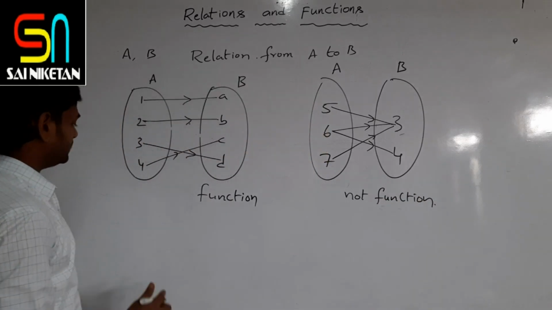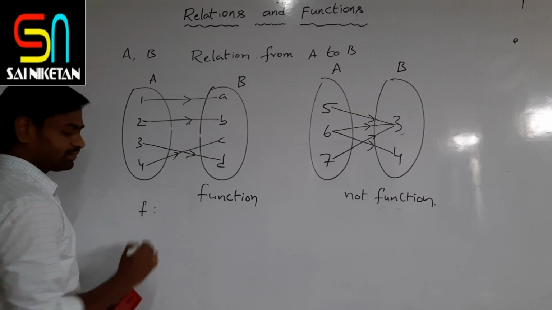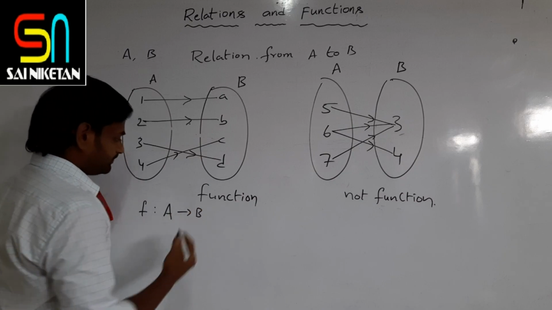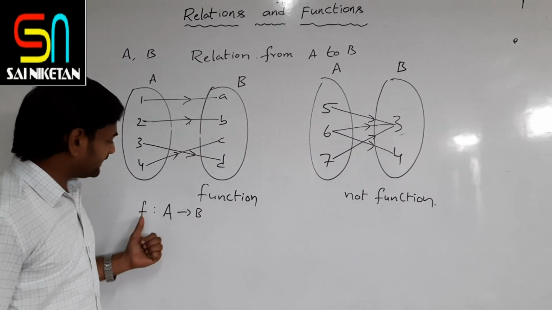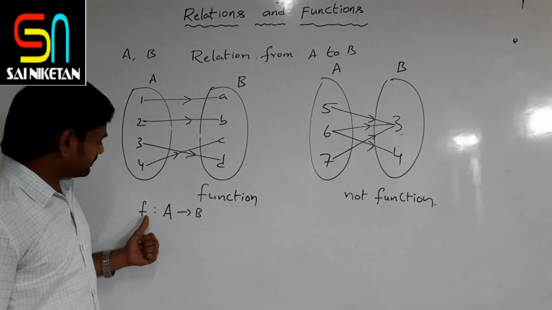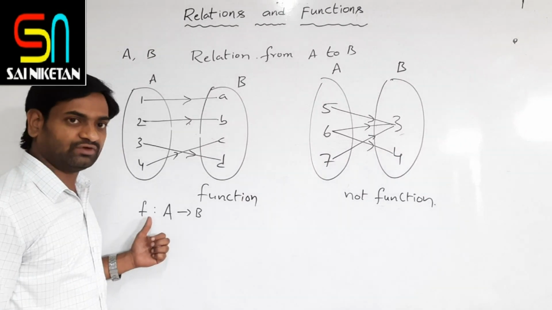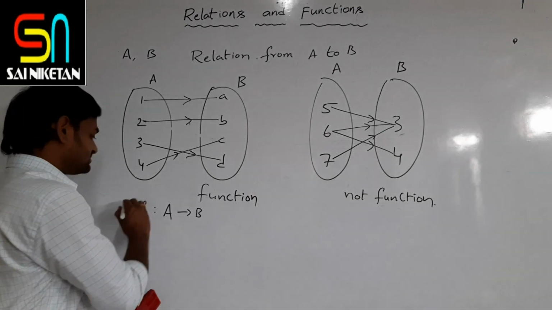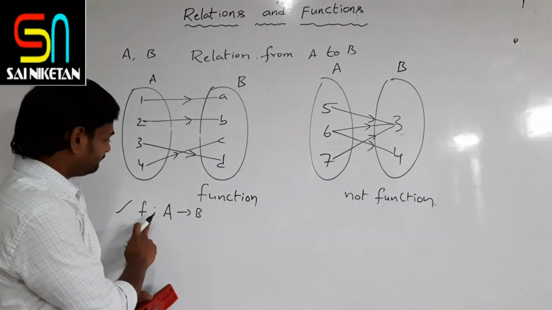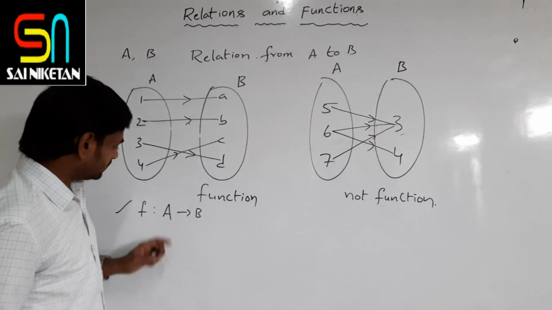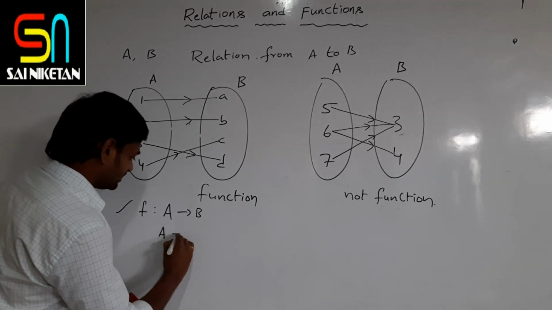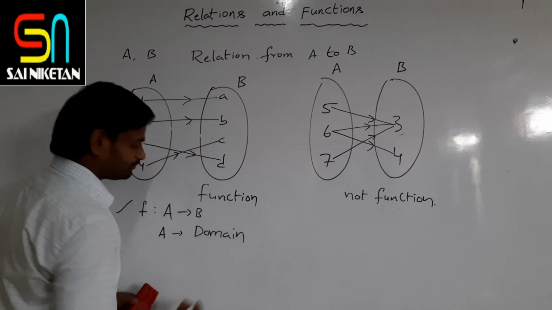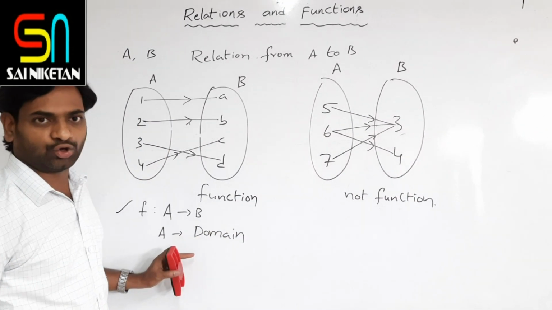Suppose here, when you can say any relation is a function from A to B, then you can write it like this: the function F from A to B. In this one, the first set capital A is called domain.